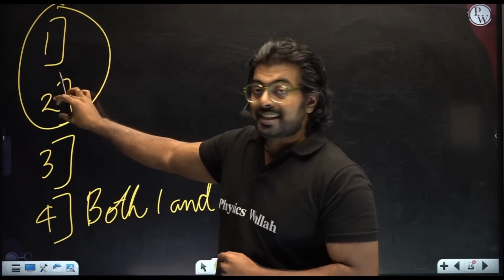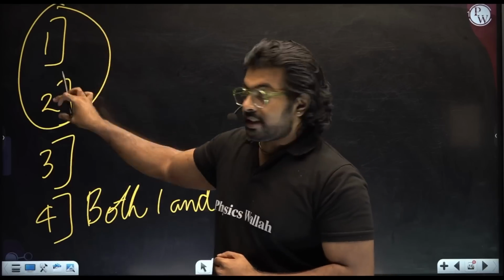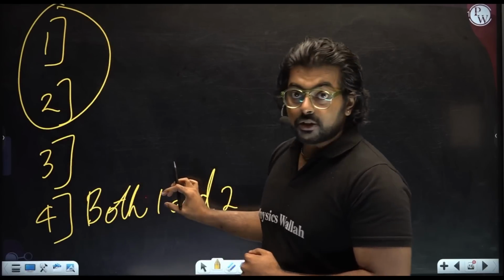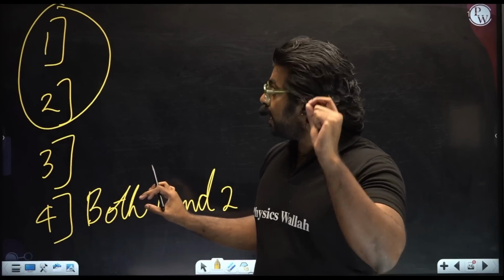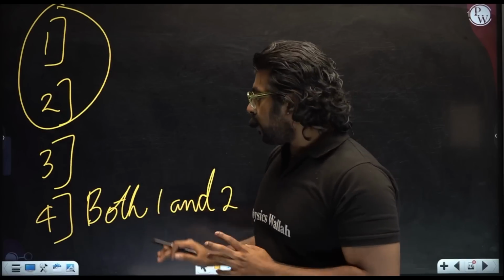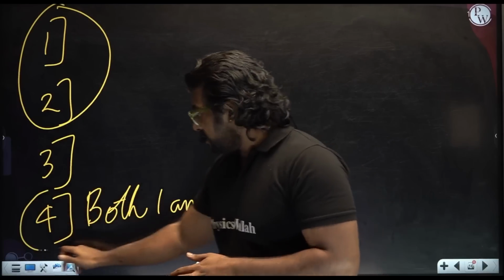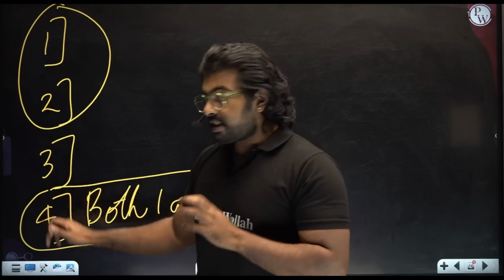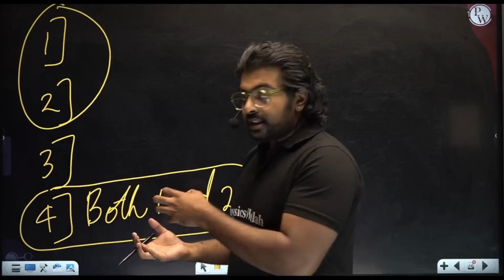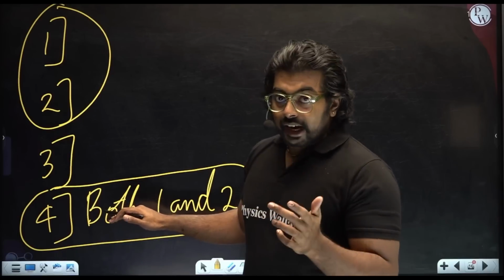If one of them is incorrect, then option 4 cannot be the answer. So if one of them is not the answer, then option 4 is also eliminated. So just by eliminating one of the options here, you can eliminate one more option. And generally what happens is, around 70% of questions will have this as the answer. But I'd still suggest you to not use this as one of the tricks to mark the answer, because it is 70%, it is still not 100%.